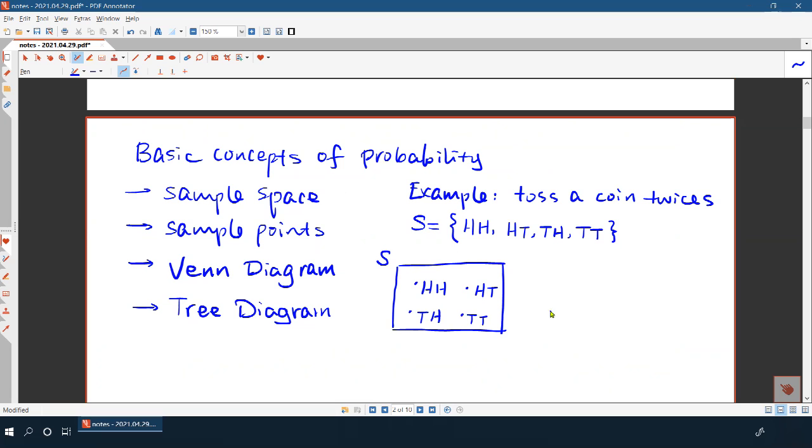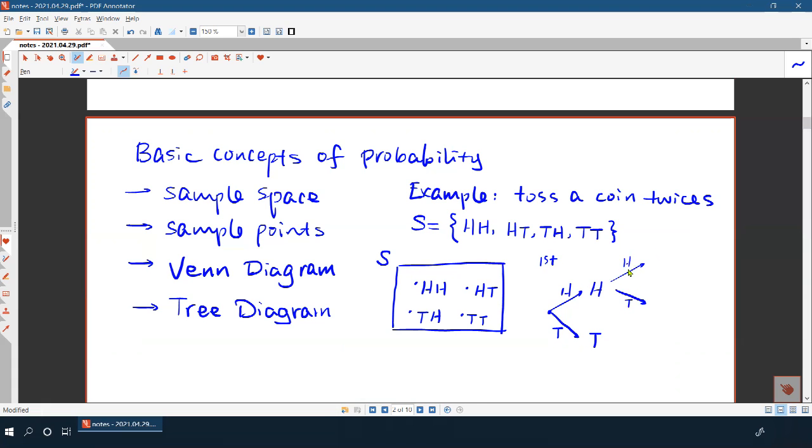And for a tree diagram, first of all, we have a starting point. For the first toss, you can have two different outcomes. If you toss a head, it will land on H. If you toss a T, it will land on T, right? And for the next step, you can also have two outcomes.